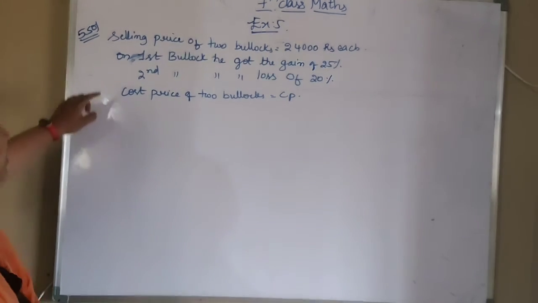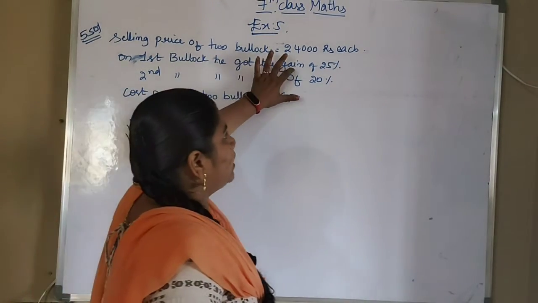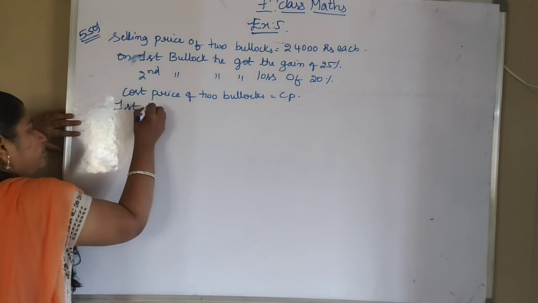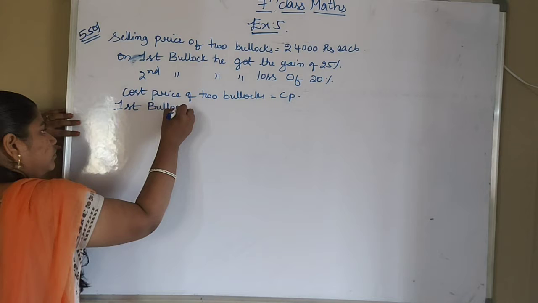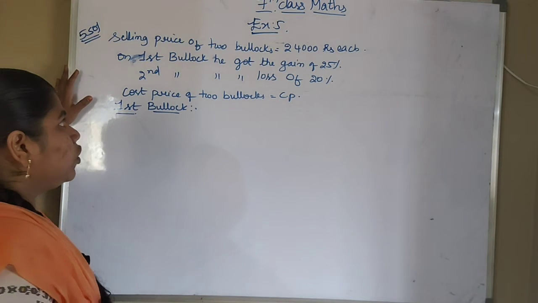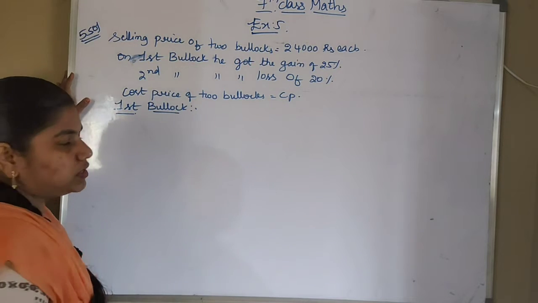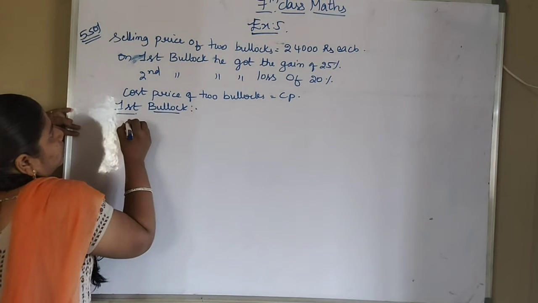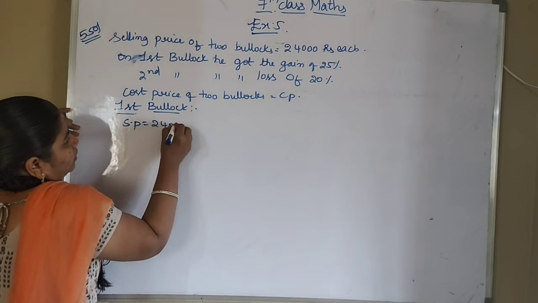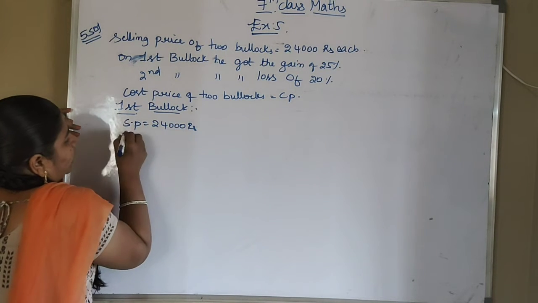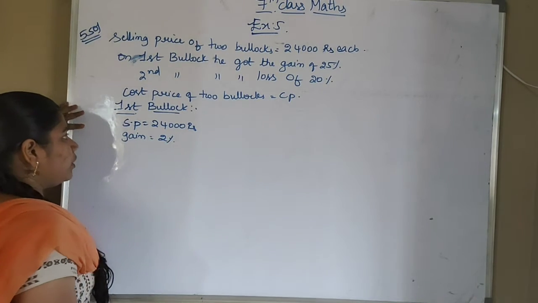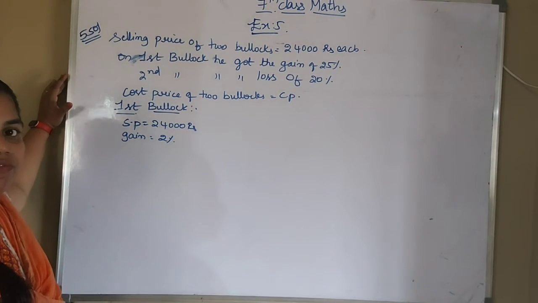Okay, so this is the selling price and they have given a gain. I am finding only the first bullock now. On the first bullock he got a gain of 25%. Here SP is given as 24,000 and the gain is 25%. So what is the formula for finding the CP in terms of gain?